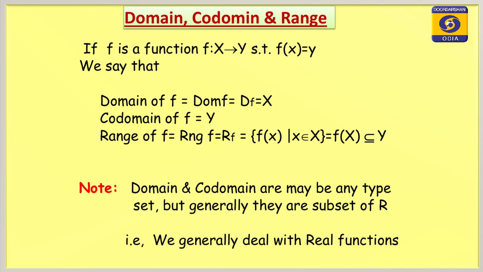Range is the set of elements of the codomain which participate in the relation, that is f(x), x belongs to X, or simply f(X). Range is always a subset of codomain and its notation is R_f, range of f.